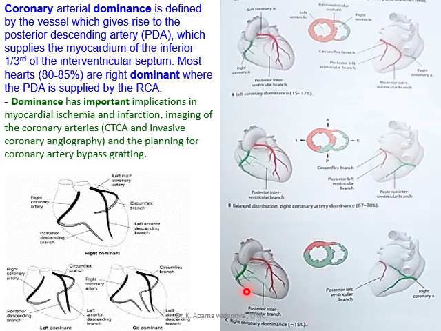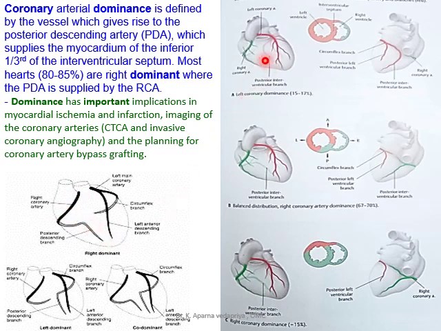That is, the posterior interventricular artery arises from the right coronary artery. Then we say it is right dominance.